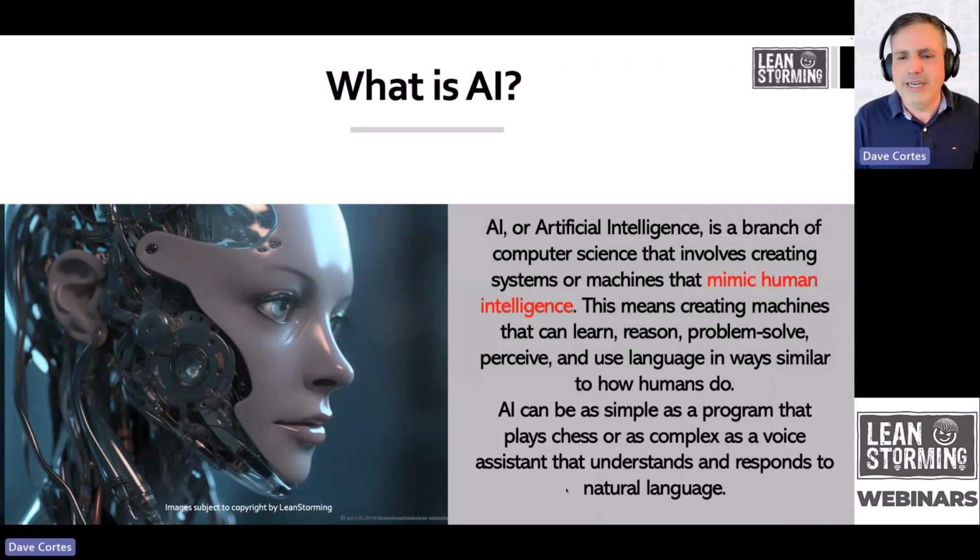So what is that? Artificial intelligence is a computer science that tries to mimic the way human intelligence works, right? And there's a lot of opinions about it.